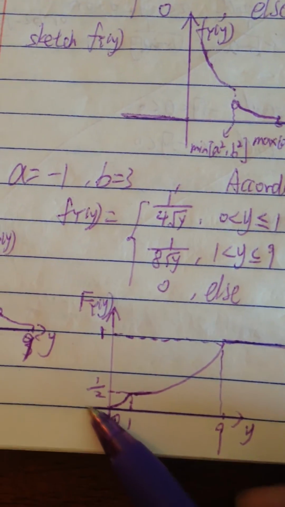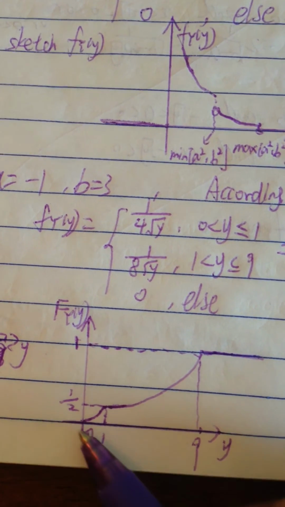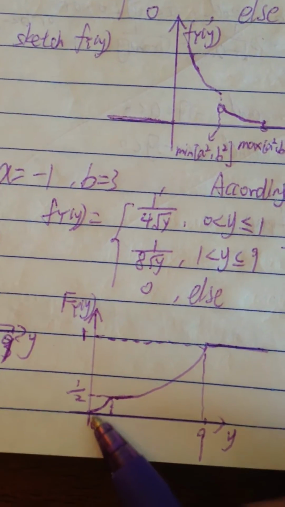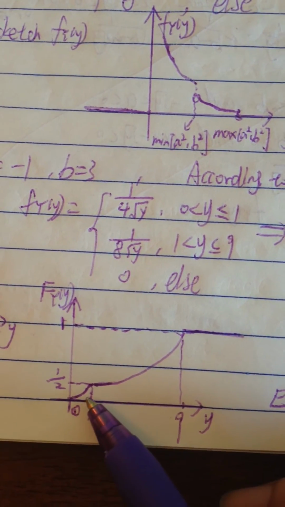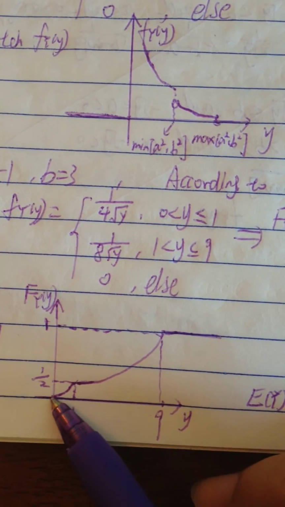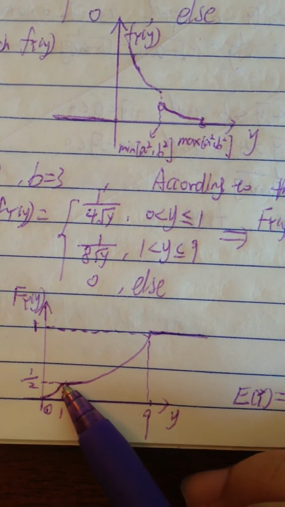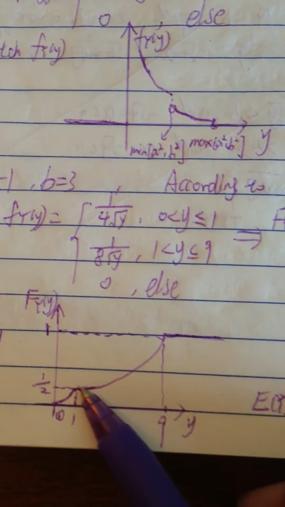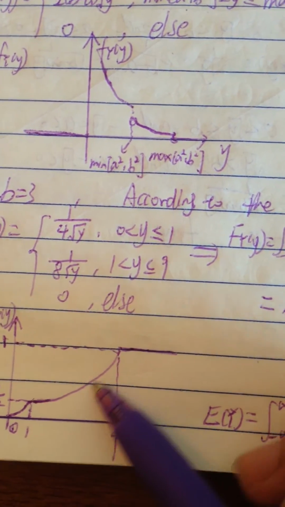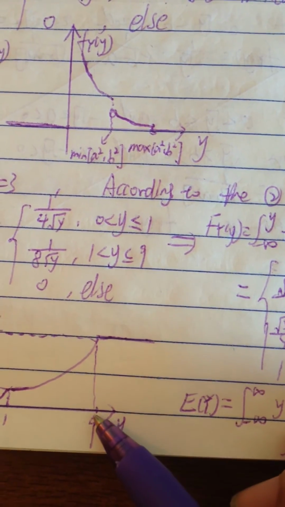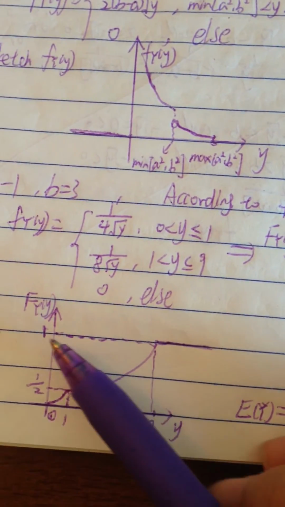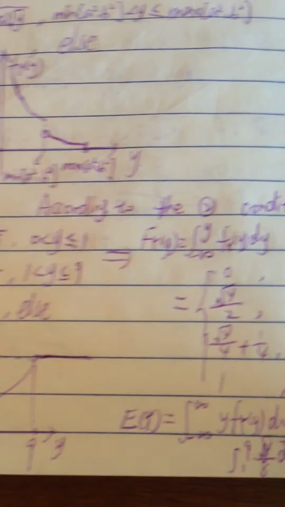When y is less than 0, it equals 0. When y is greater than 0 but less than 1, it's like this, and then it changes to this one. When y is greater than 9, the capital F of y equals 1.